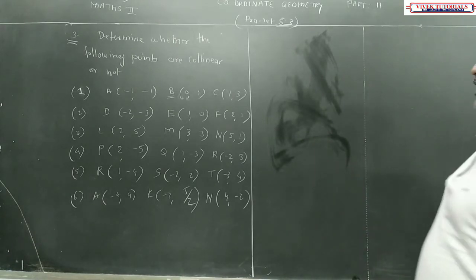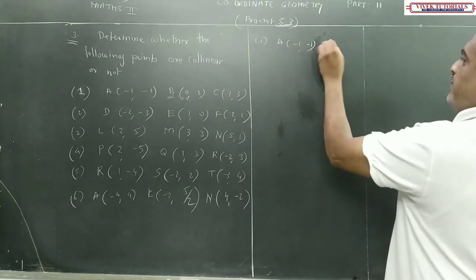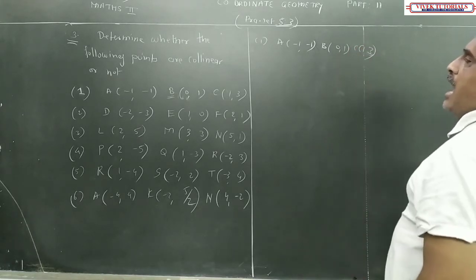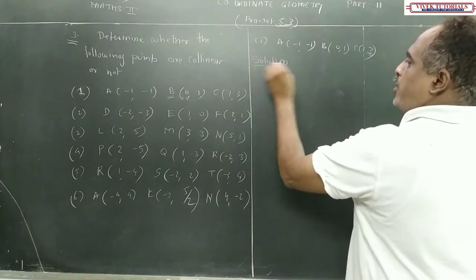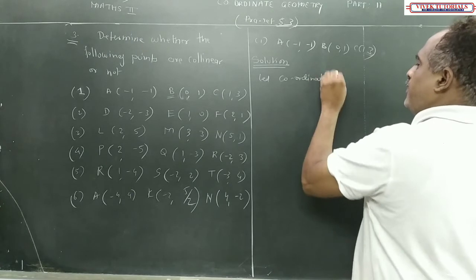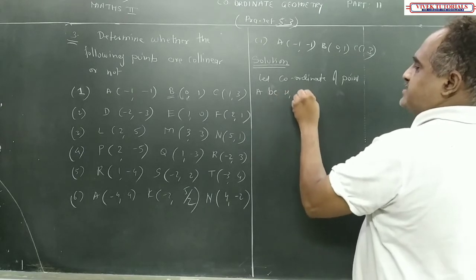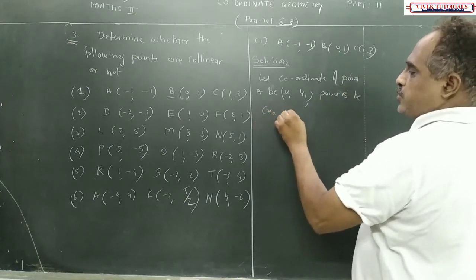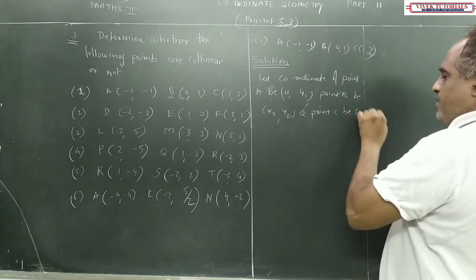First question: A(-1, -1), B(0, 1), and C(1, 3). Solution. Let the coordinates of point A be (x1, y1), point B be (x2, y2), and point C be (x3, y3).